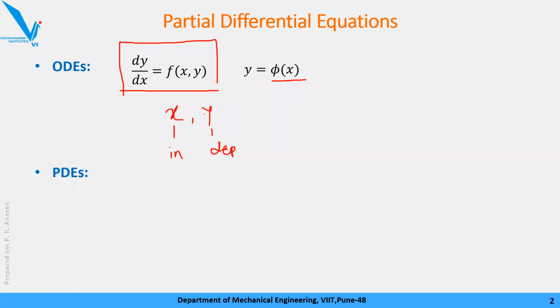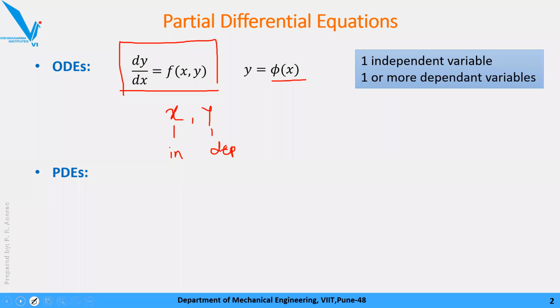Now how can you identify an ordinary differential equation? By simply looking at how many independent variables are present in the differential equation. If there is only one independent variable in the equation, that means you are dealing with an ordinary differential equation. But for dependent variables, there might be one or more.